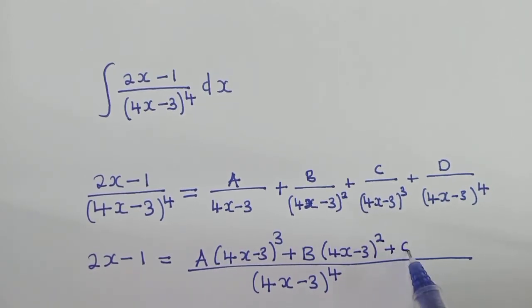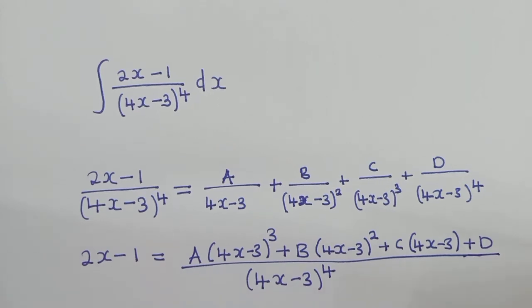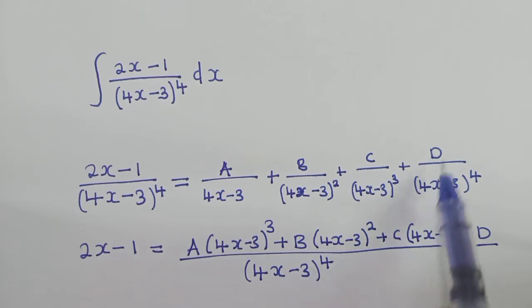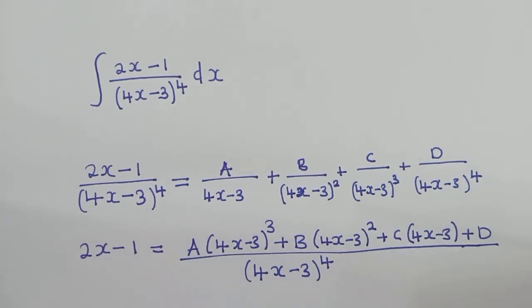Here it will be C multiplied by 4x minus 3, no power this time around, okay, plus D without being multiplied by anything, because this whole thing into this, it's 1. 1 times D, it's D, just like that.